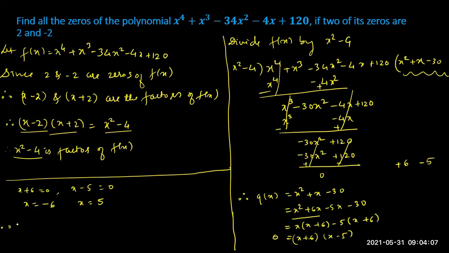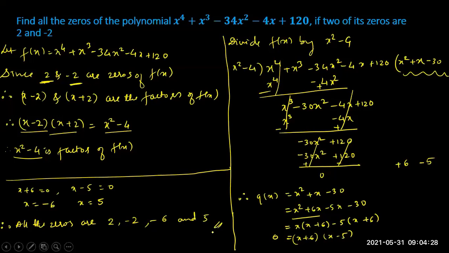Therefore, all the zeros are: first, these two are the first two zeros, minus 6 and 5. So these are the 4 zeros. Is it clear?